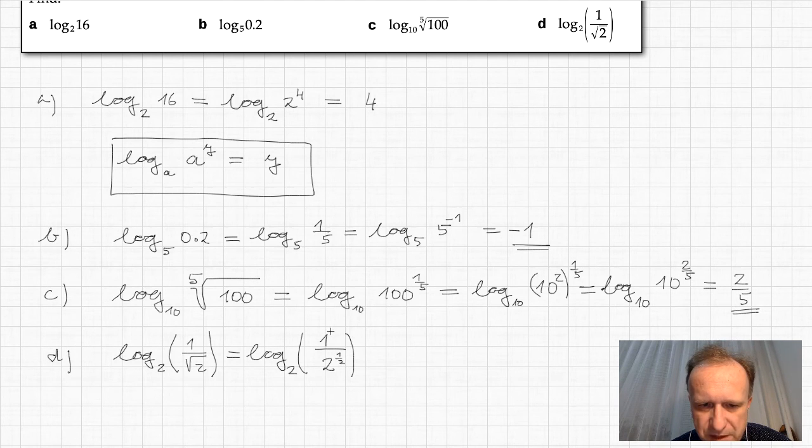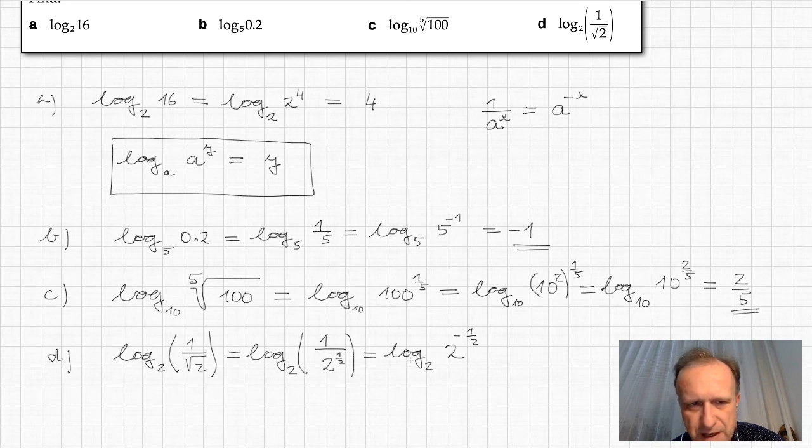And now, since we have 1 over 2 to some power, we can replace it further as the logarithm in the base 2 of 2 to the power of -1/2. Okay, because we know that 1 over a to the power of x is a to the power of -x. Okay, this is the power law, one of those power laws from the previous chapter.